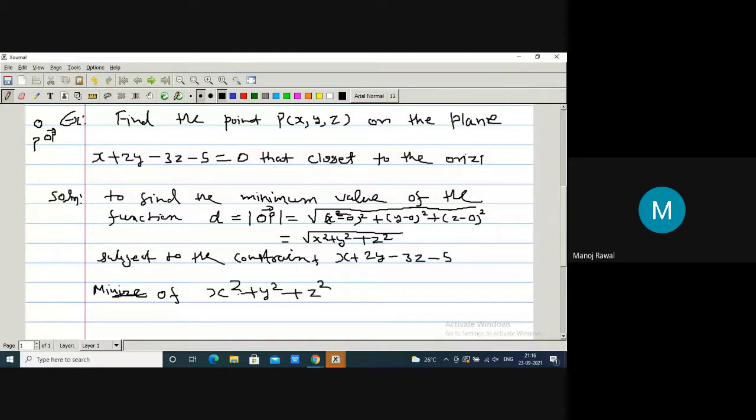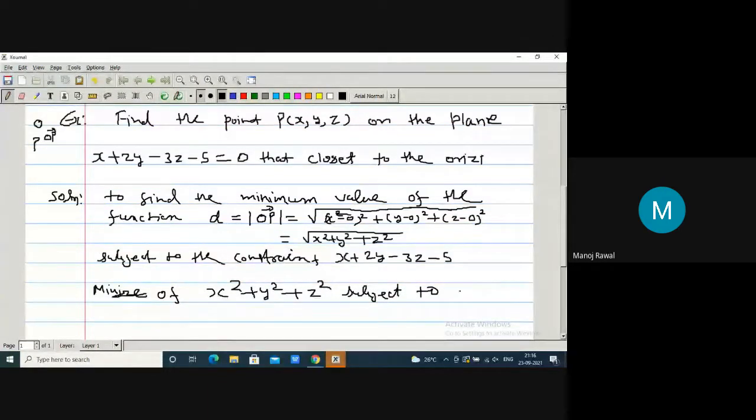You can clearly see you cannot talk about the minima of this unless you have a constraint.